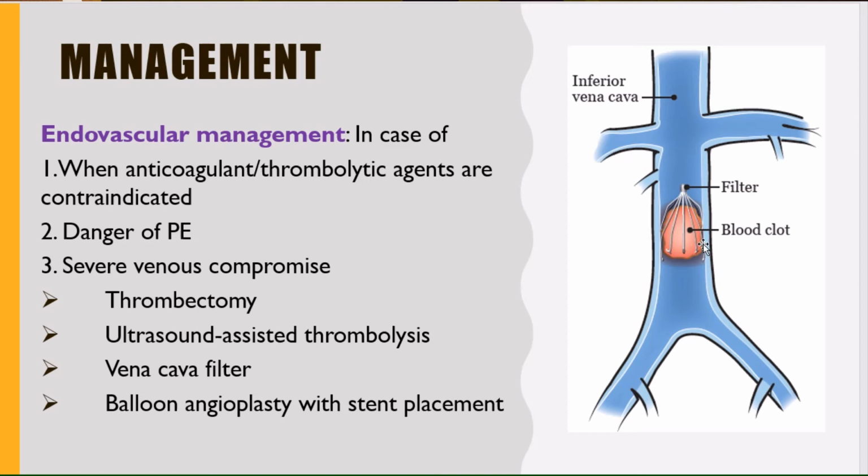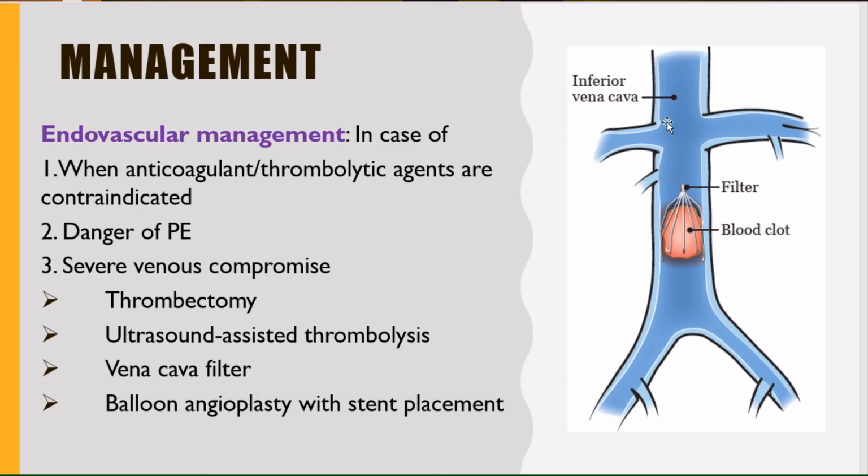This is a picture of vena cava filter. A filter is like an umbrella, so it basically filters any blood clot from going up towards the lungs or heart or brain to any of the vital organs.